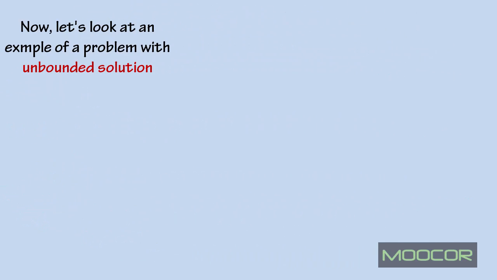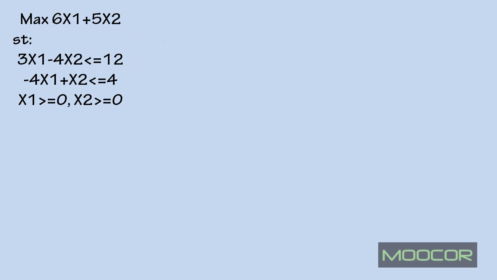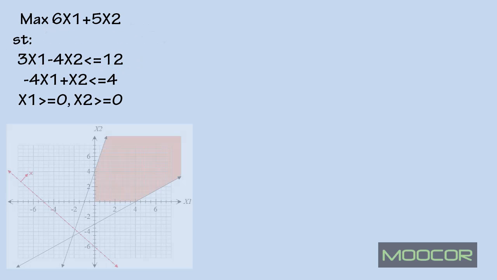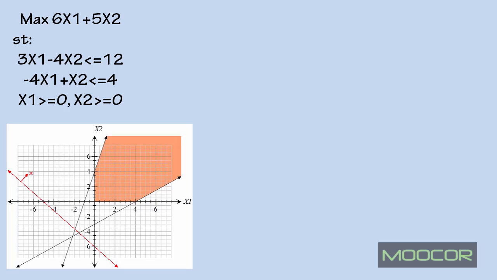Now let's look at an example of a problem with an unbounded solution, and I have taken a two-variable problem as an example because we can visually see the feasible region and the solution space. In this case we have an unbounded optimal solution. Maximum occurs at infinity.